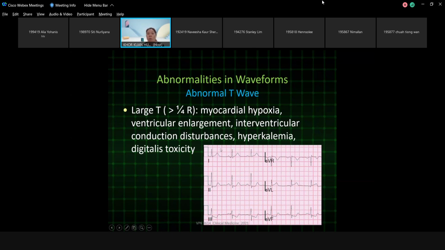The differential would be myocardial hypoxia, ventricular enlargement, intraventricular conduction disturbances, hyperkalemia, and digitalis toxicity. Any questions so far?